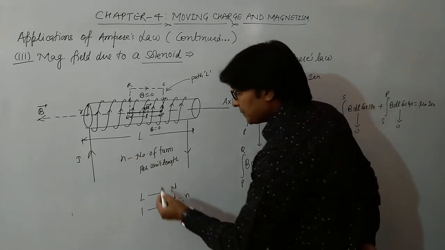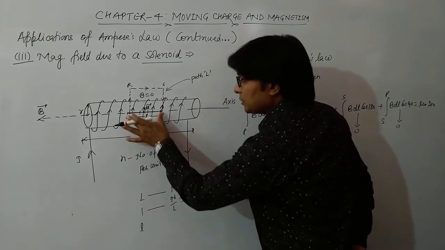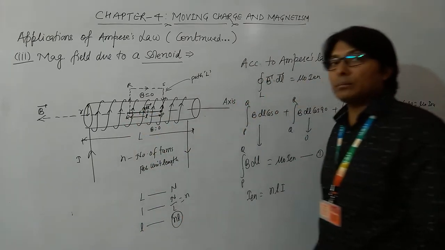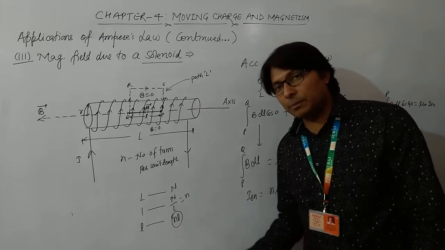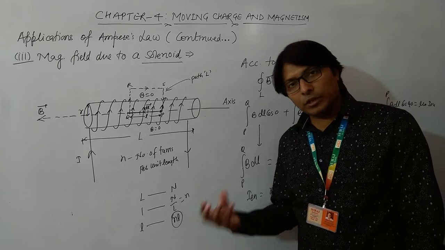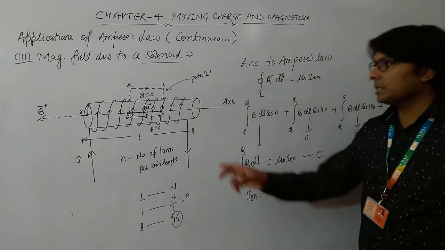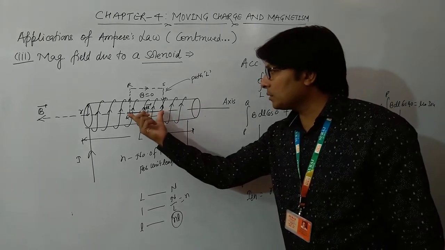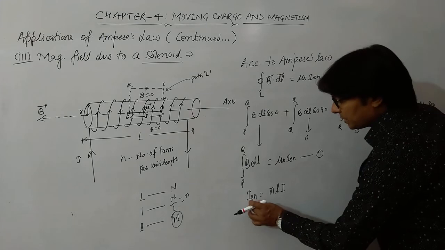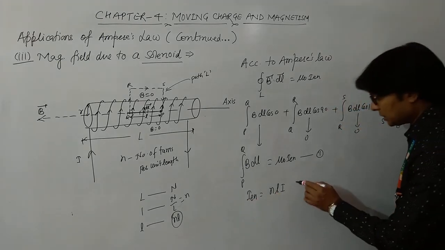And if I want to find the total number of turns in L length, which is from P to Q, it will become n into L. If I multiply these total number of turns by the current flowing through one turn, it will be the total current enclosed in this length or in this loop. So this is how I wrote here I enclosed is equal to nLI. This is equation second.